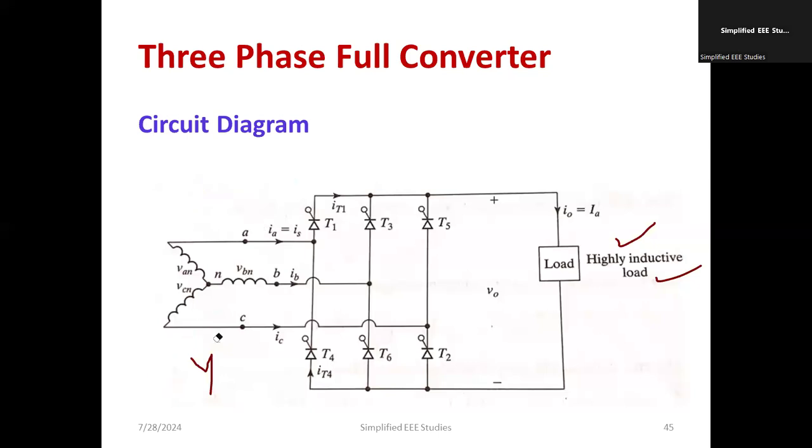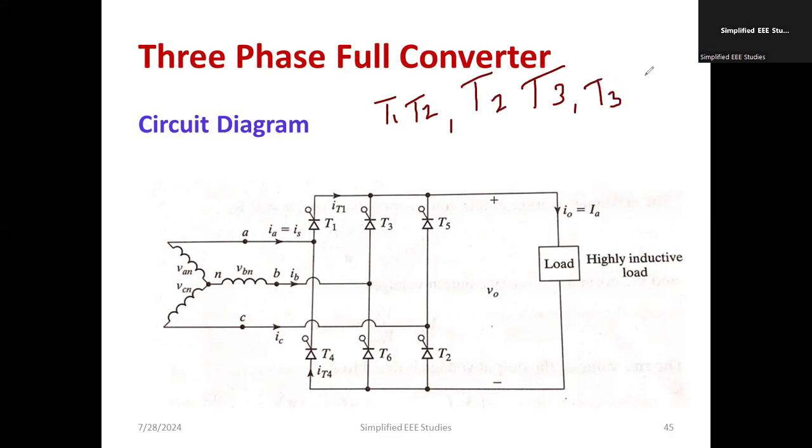Now we'll discuss how it operates. The devices are fired in the following sequence: T1, T2, next T2, T3, T3, T4, T4, T5, T5, T6, then T6, T1.